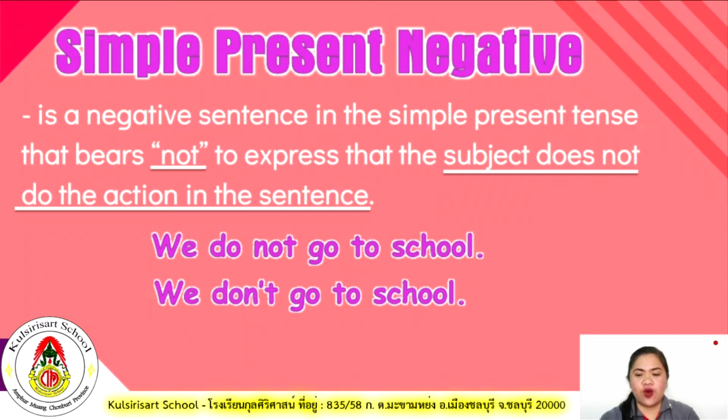Now, as you can observe, in the first sentence, the negative word is not. And in the second sentence, the negative word is don't. Again, don't. Why does it have don't? Like do, and then n, and then apostrophe t. Why does it have that form?